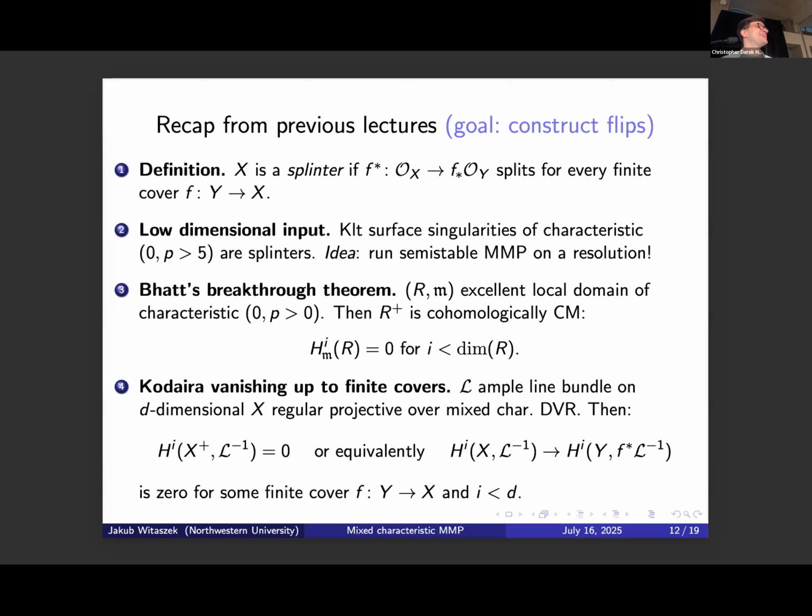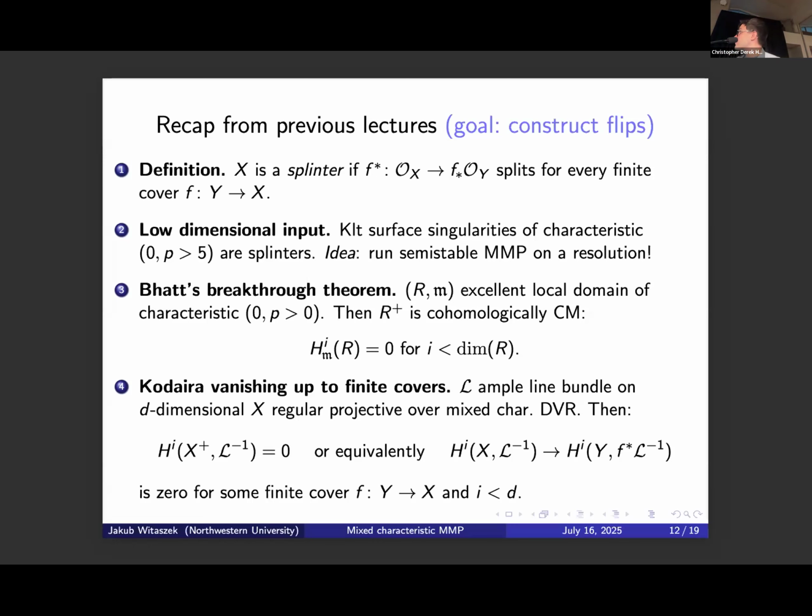What is particularly exciting about these results for birational geometers is when we apply them to an R that is a cone over a variety. The simplest singularities are cones over varieties with respect to some ample, or very ample, line bundle L. You might remember that the local cohomology of a cone is a direct sum of cohomologies of twists of that line bundle.